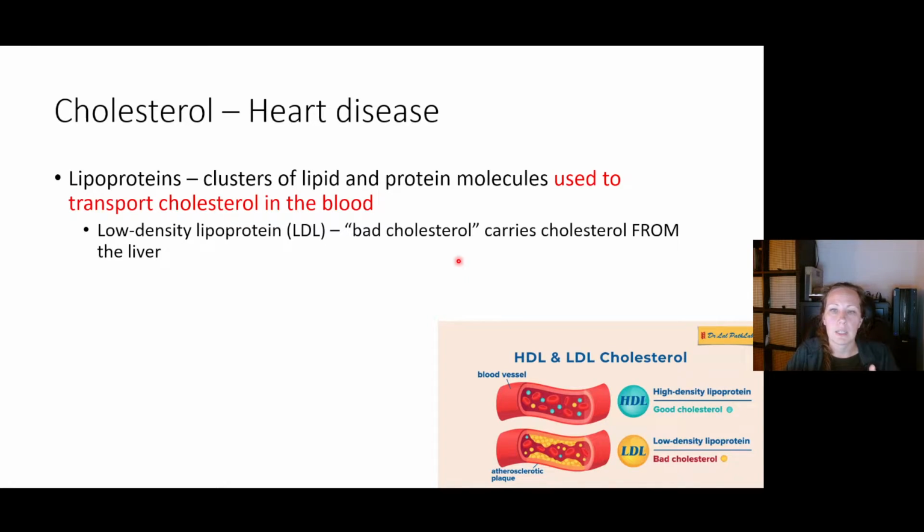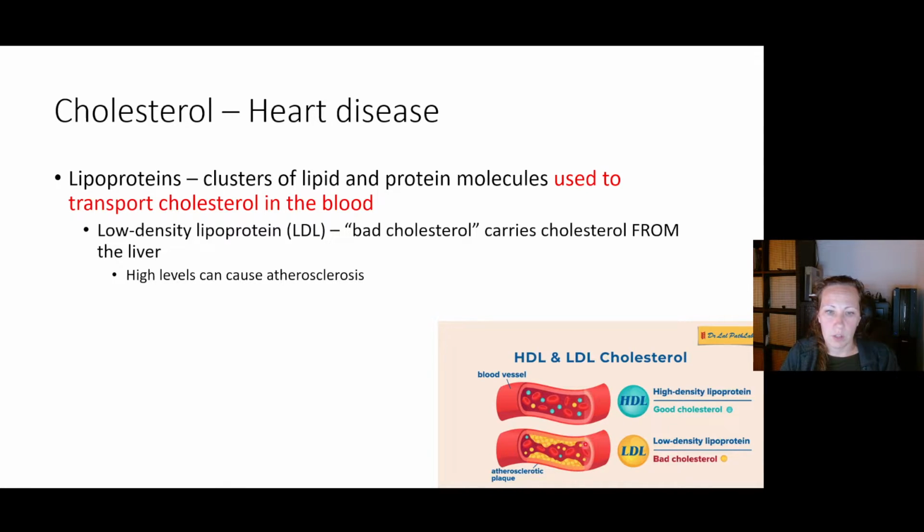The problem is that it becomes bad if there's too much LDL. High levels of low density lipoprotein can cause atherosclerosis. Its function is to transport and drop off. Well, sometimes if there's too much of it, it's dropping off in not great places, such as your arteries. This is what atherosclerosis is: deposits of plaque on the arteries.